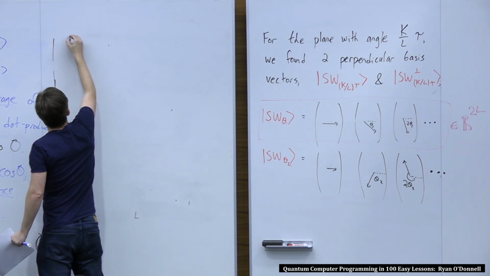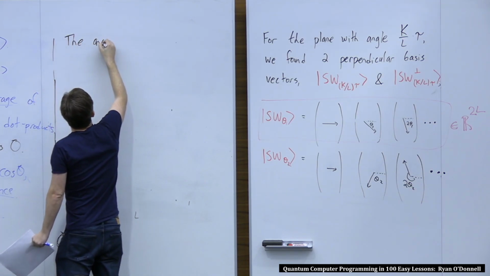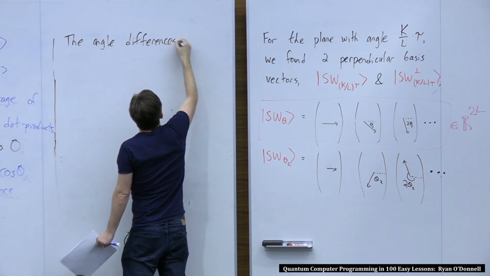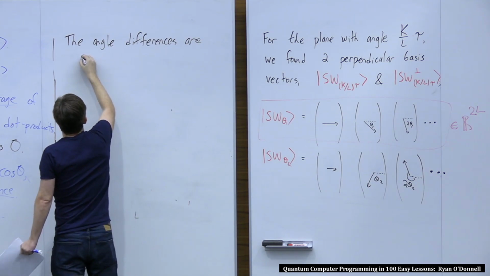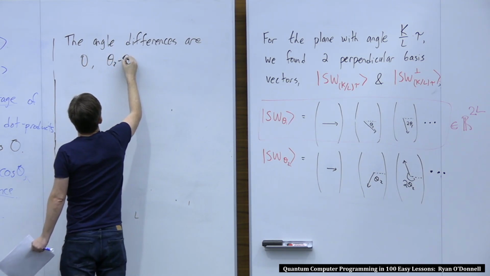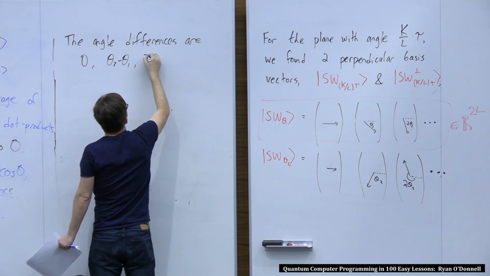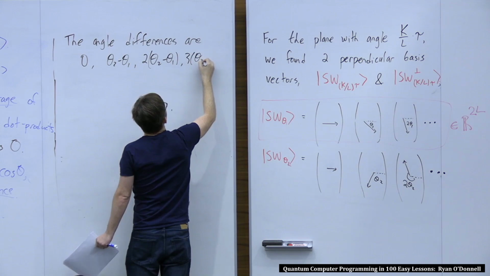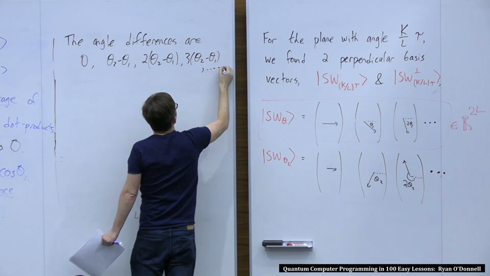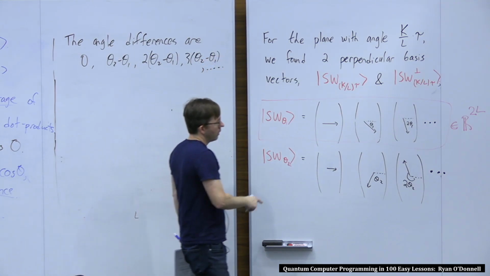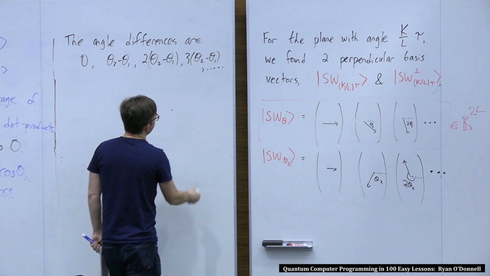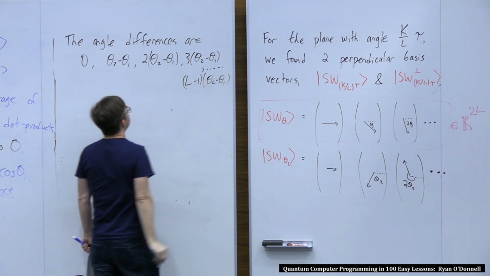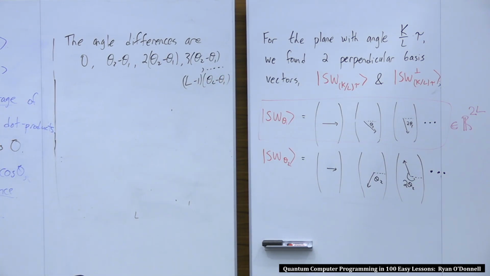So the angle differences are 0, theta 2 minus theta 1, 2 times (theta 2 minus theta 1), 3 times (theta 2 minus theta 1), and so forth. There's L total, so the last one is L minus 1 times (theta 2 minus theta 1).